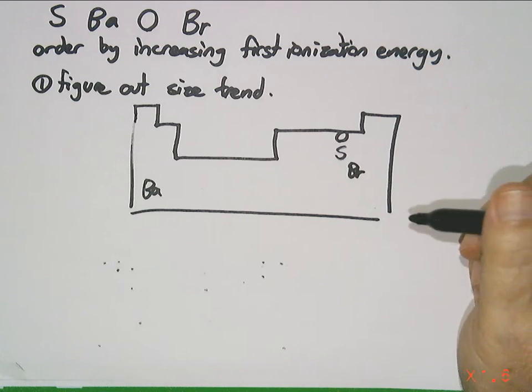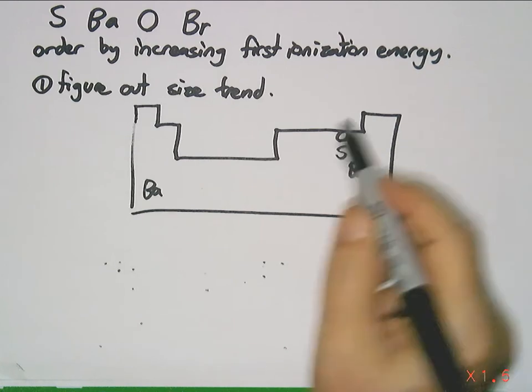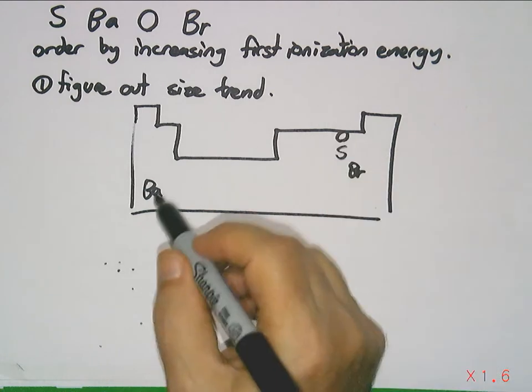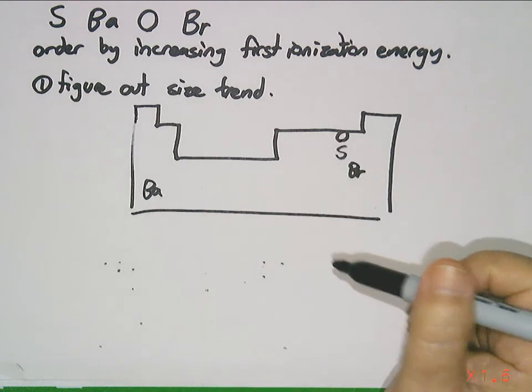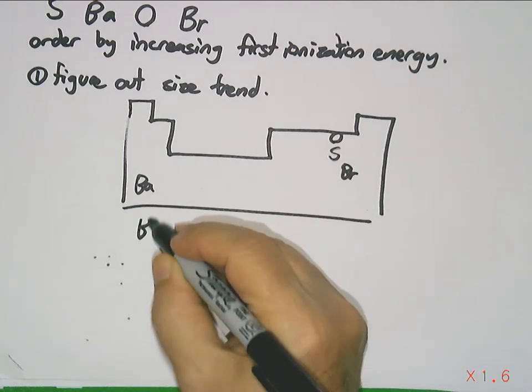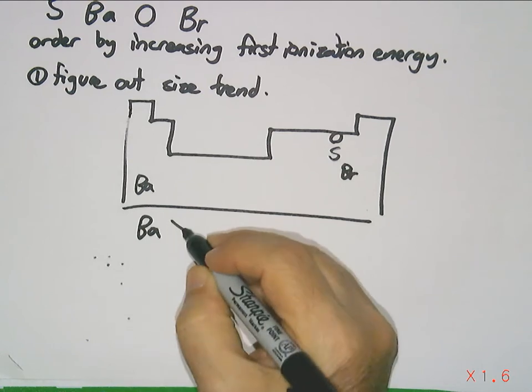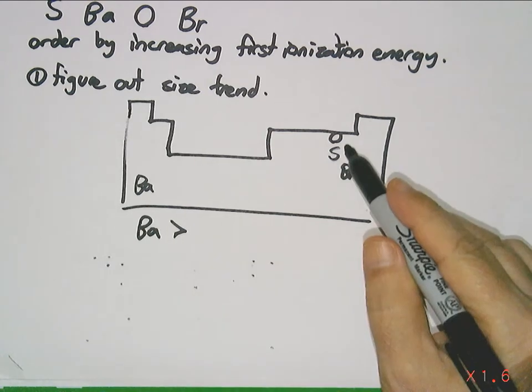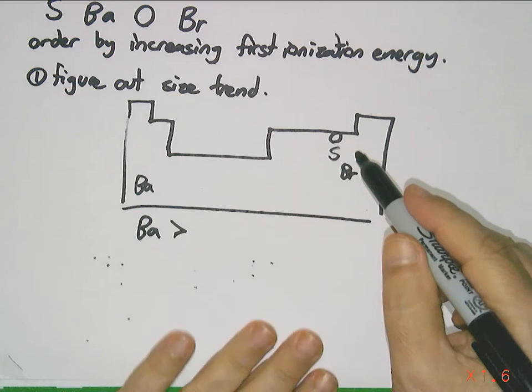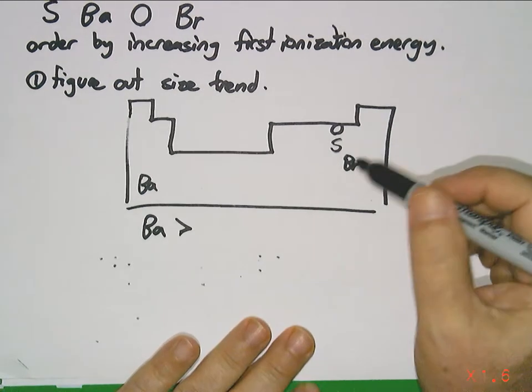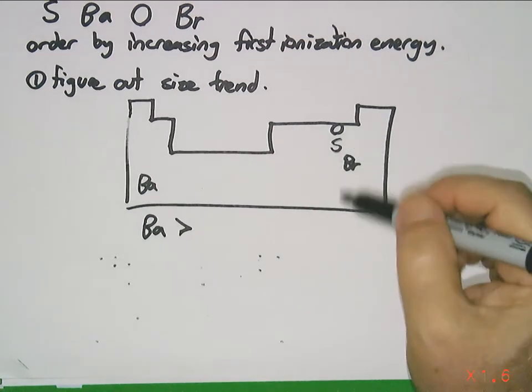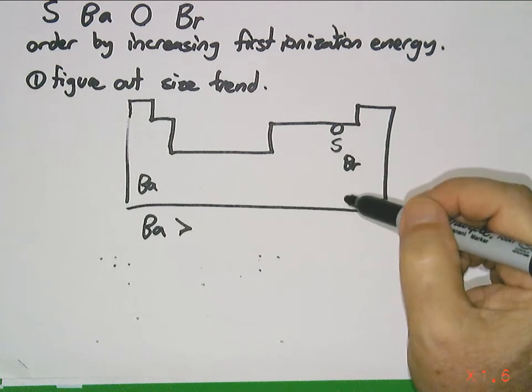Alright, so our size trend is going to be bigger getting down the closer you are to that corner. So it's pretty clear that barium is biggest. Barium is the biggest of the three. It's a little bit trickier over here, right? Generally, as you go down the table, things get bigger.